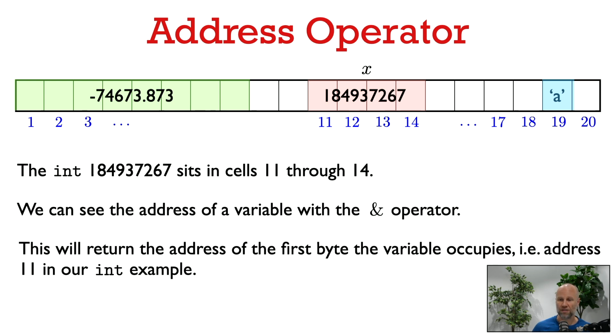So this is called the address operator. And what this is going to do is it's going to return the address of the first byte that the variable occupies. Okay, so in our example, x sits in memory cells 11 through 14. So the first cell it sits in is 11. So if we take the address of x, that's going to return 11. Okay, so that's our little toy pictorial example here.